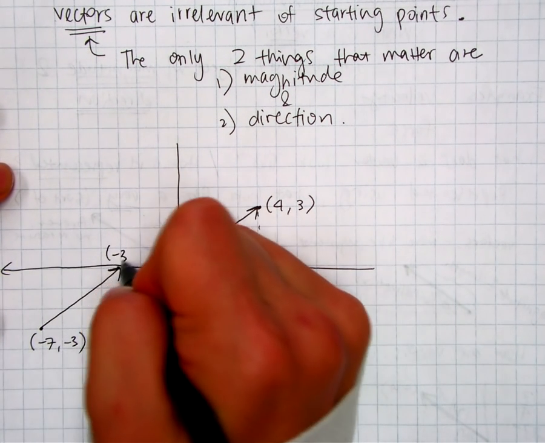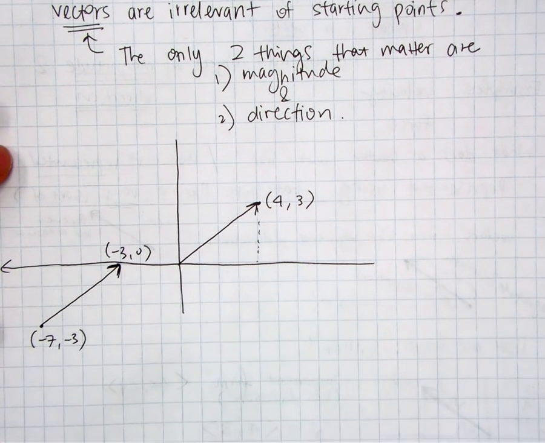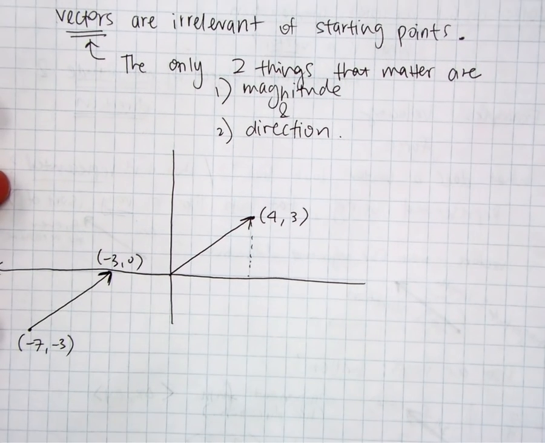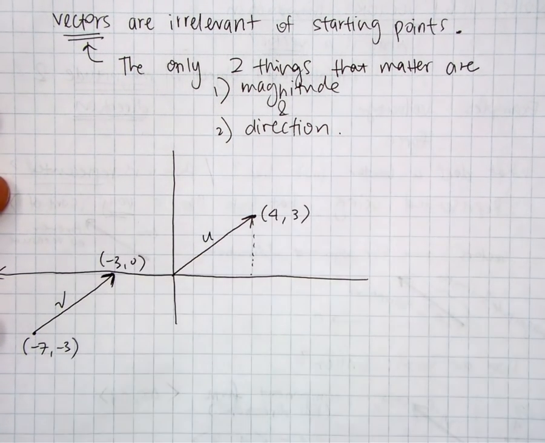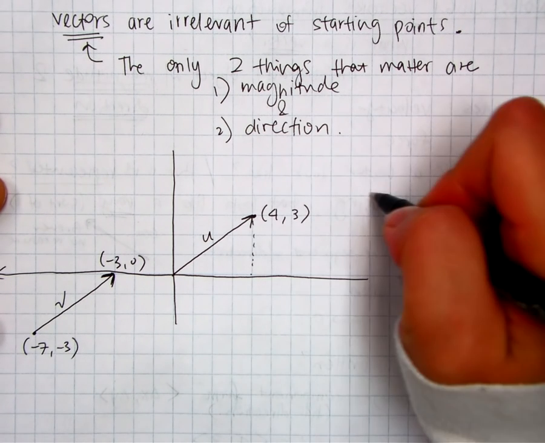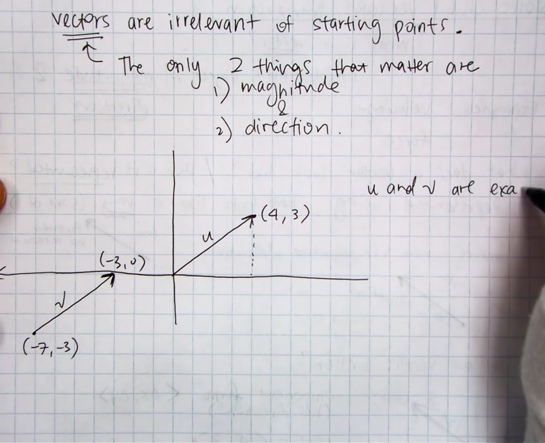This is the point -3, 0. These two vectors right here are exactly the same. So let's call this u and let's call this v. So these two vectors, u and v, are exactly the same.